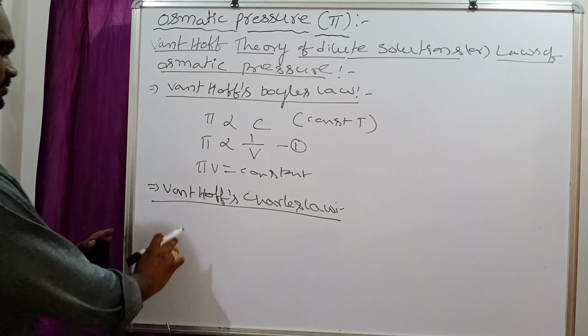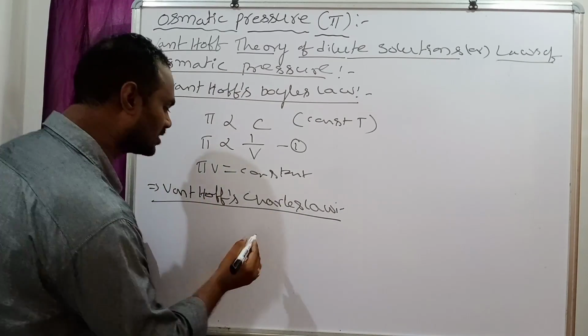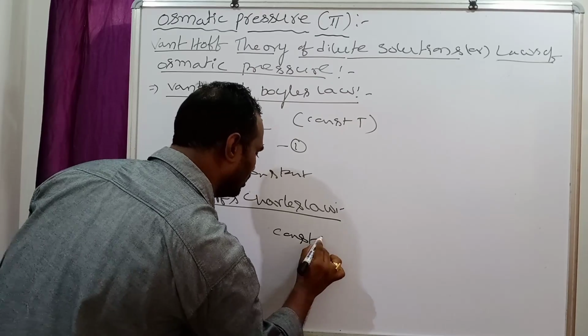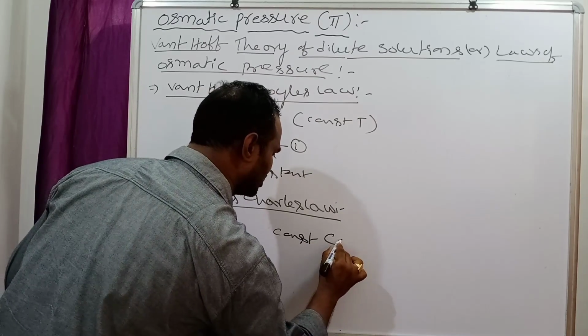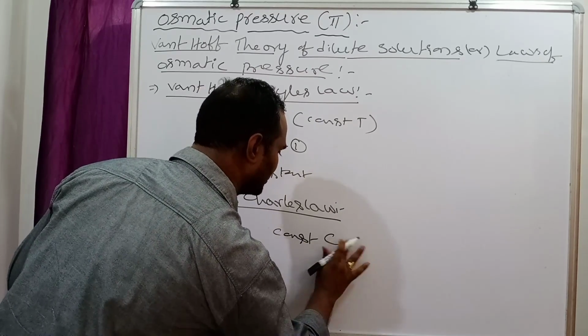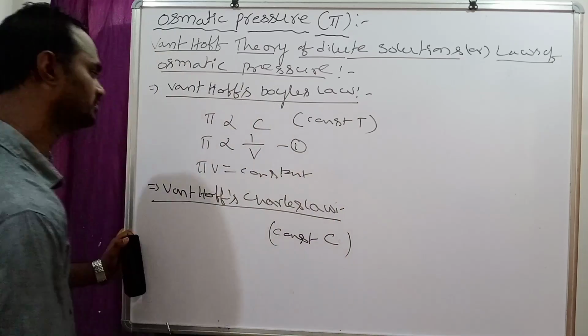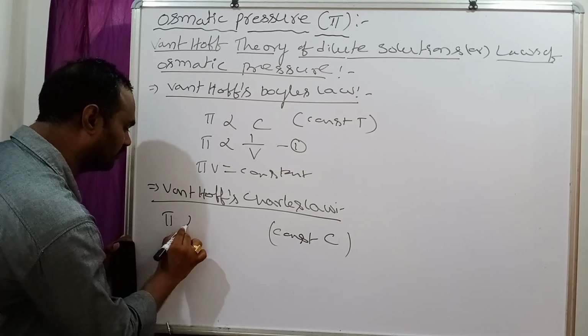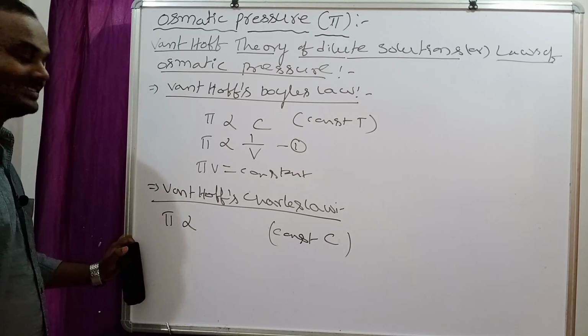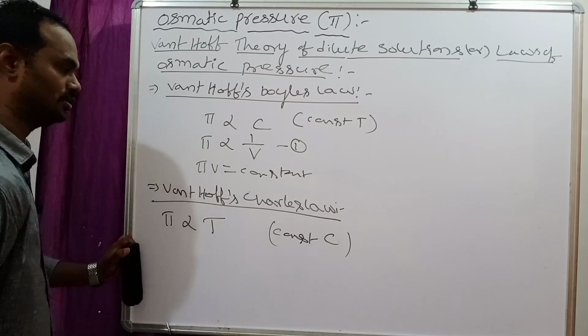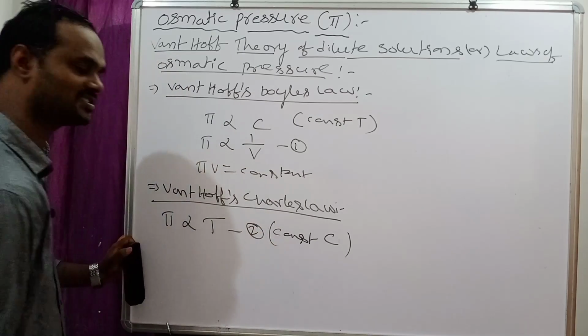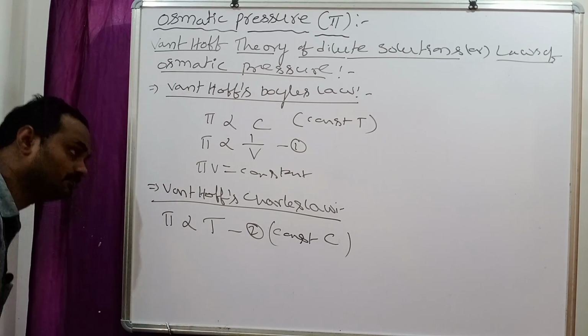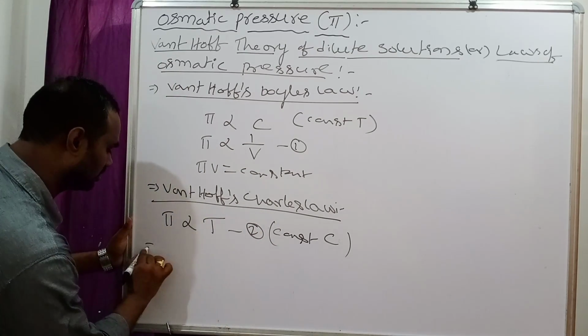Sorry for the mistake, you have to take constant concentration. Concentration is denoted with C. At constant concentration, osmotic pressure of the solution is directly proportional to absolute temperature. This is equation 2. Carefully listen. Next, the last one.